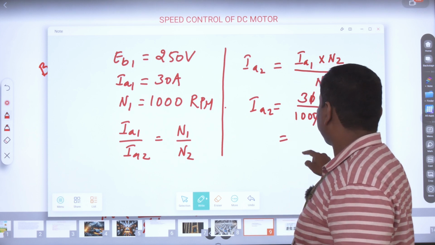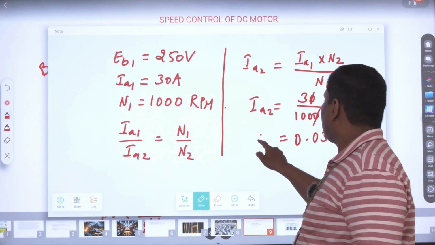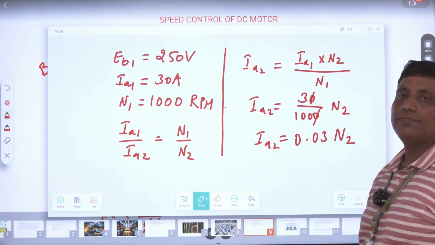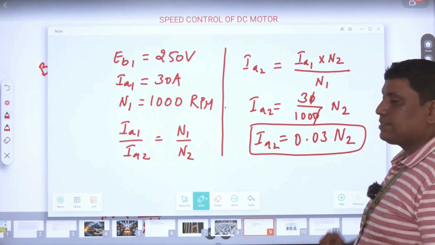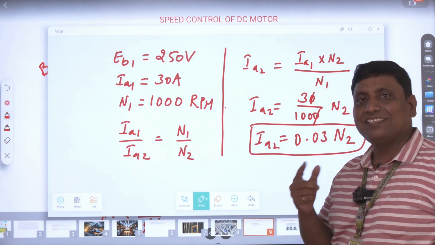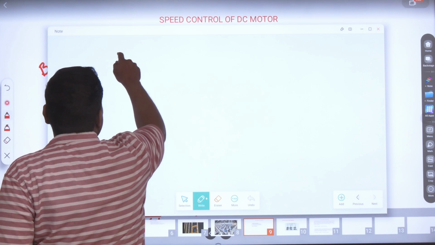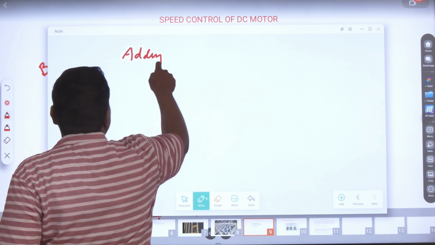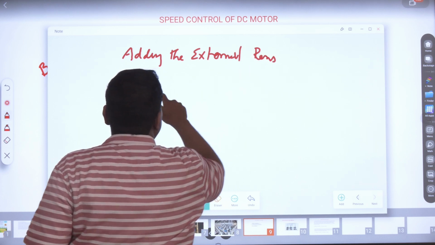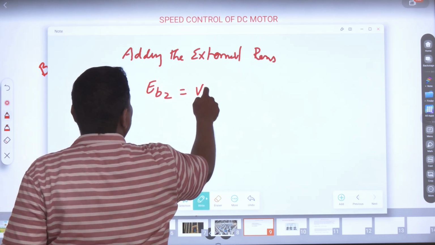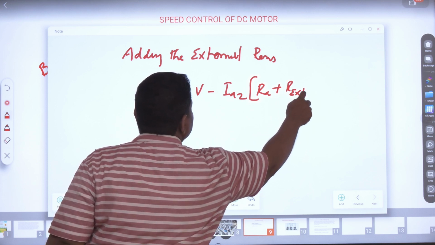So here this is 0.03 N2, that is equal to IA2. Clear? Next, find EB2. Adding the external resistance, EB2 equals V minus IA2 into RA plus R external.